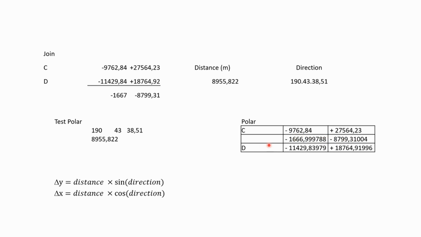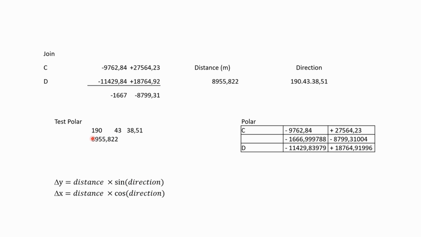Now the way we calculate this is we'll use these two formulas. Delta y's formula is distance times sine of direction, so it'll be this distance times the sine of this direction, and we'll get a delta y value. Then we do the same with the delta x, except we use cos instead of sine.